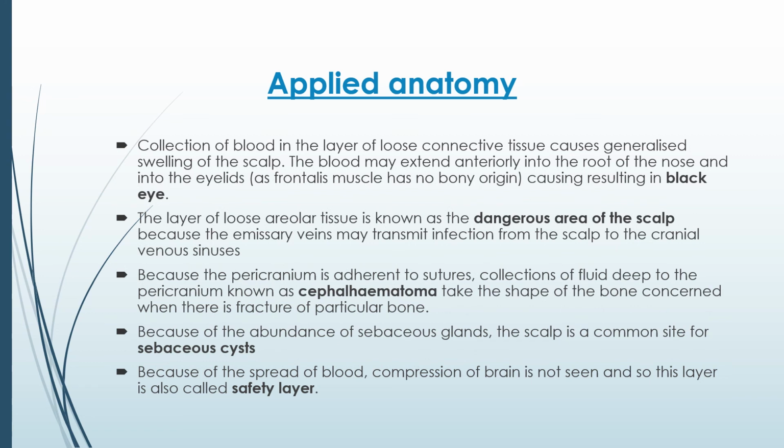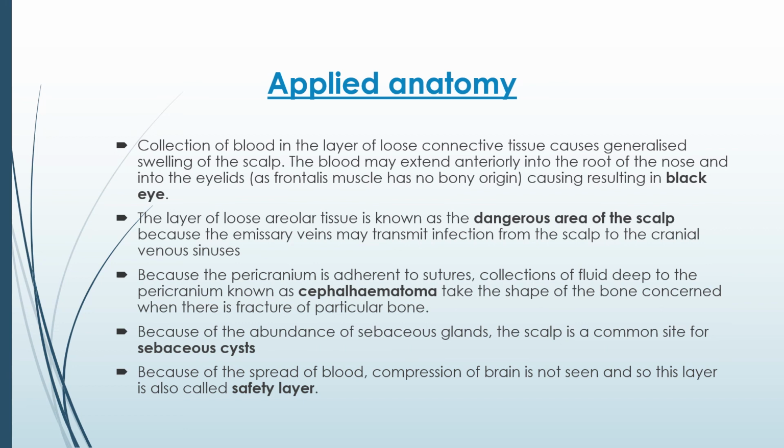In cases of internal bleeding, the scalp may get swollen and blood may extend anteriorly into the eyelids, causing black eye. An area called the dangerous area of scalp is the layer of loose areolar tissue with the emissary veins. This is because any infection of the scalp can spread into the venous sinuses through these emissary veins.